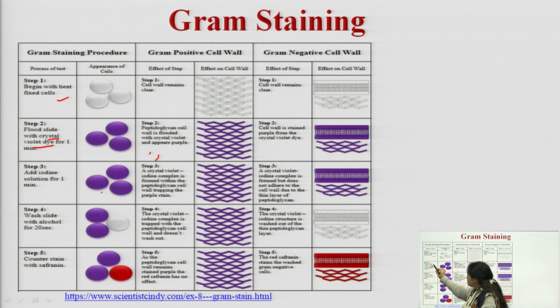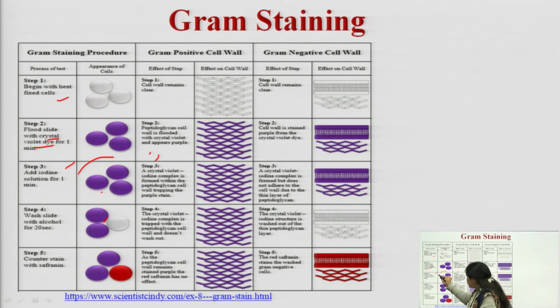In the third step, you have to add iodine onto the same slide on which you added the crystal violet. Iodine will get absorbed within the cell and form the CVI complex, the crystal violet iodine complex.